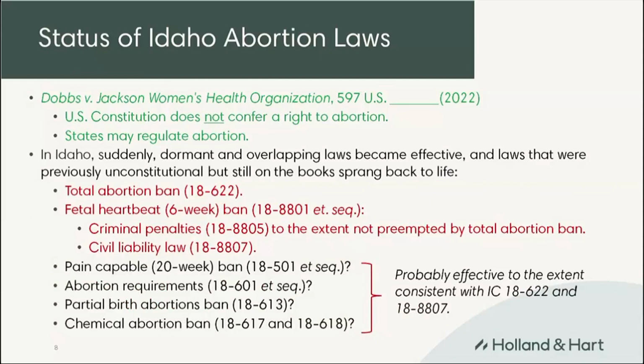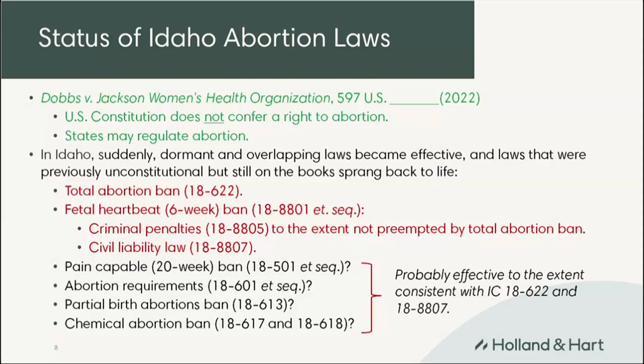So they're out there. They don't always play well together. They don't always coordinate. And so we've got this kind of patchwork, this kind of mess out there with Idaho abortion laws, that they overlap and sometimes conflict. As a practical matter, we're probably really only dealing with the total abortion ban as well as the fetal heartbeat ban.